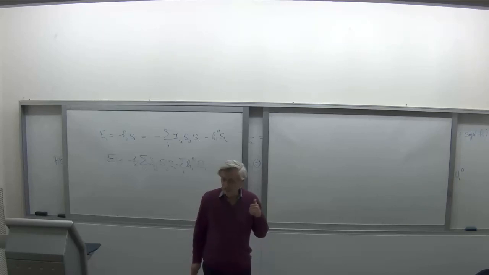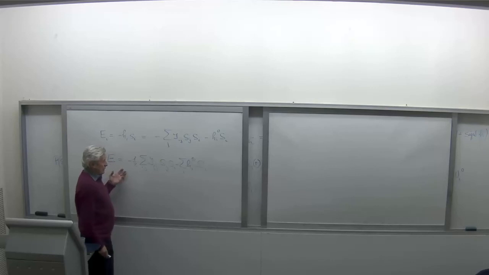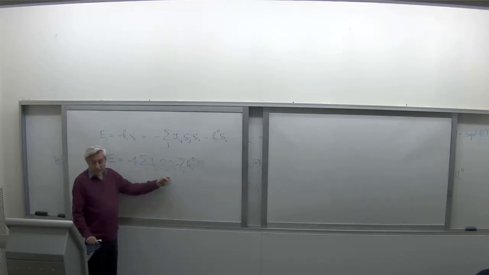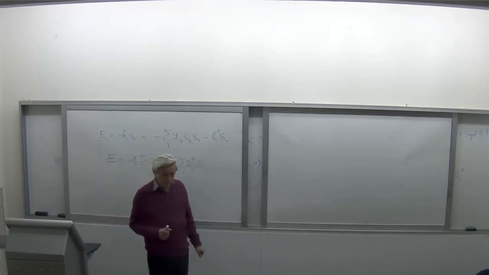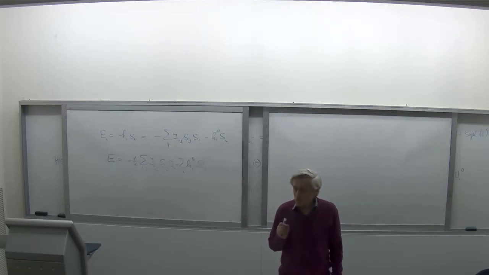Alright, so we wrote this function down here, and I told you that in a physical system this is the energy, and the property of the energy function is the following: that if we have a dynamics without noise, we already saw what dynamics without noise means.